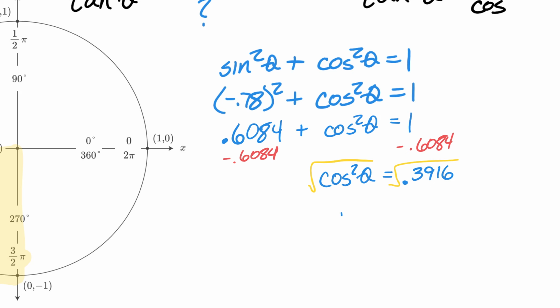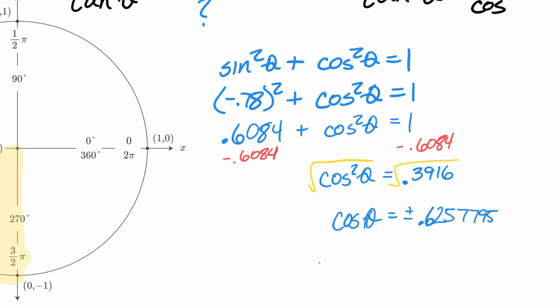When we do that, we learn that cos of our angle is equal to plus and minus 0.6257795, goes on for a little bit here.